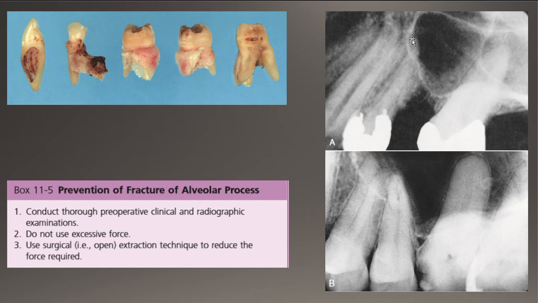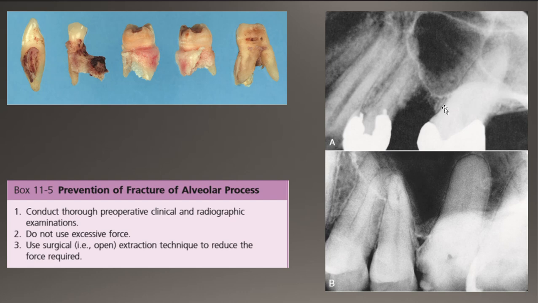Now here we can see, here we have a high risk of sinus communication. But here it's superimposed. As we can see, the white line, the line of the sinus, is seen. There is no cutting in it. So we know that if we extract the 4 or the 7, we need to be careful, but we will have low risk of sinus communication or antral communication.